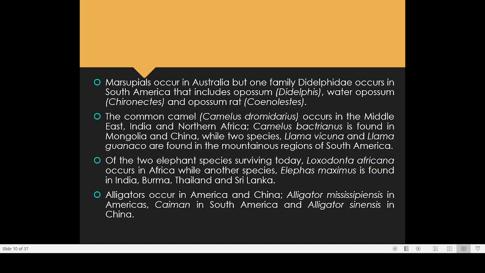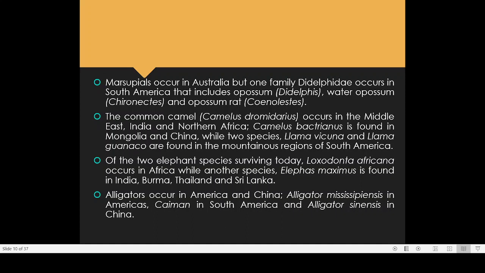Placental mammals could not reach Australia because there was no land bridge, so the native marsupial mammals were protected. That's why right now we find marsupials only in Australia, and they are absent in other parts of the world.